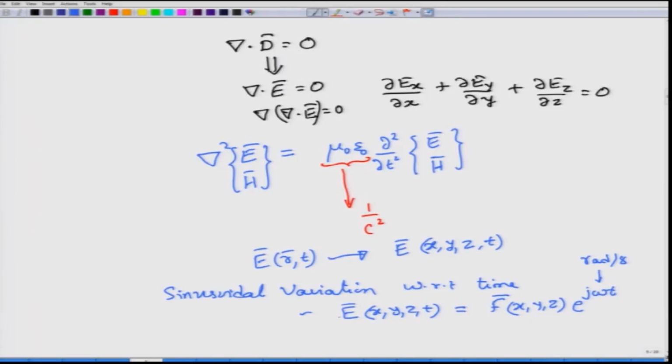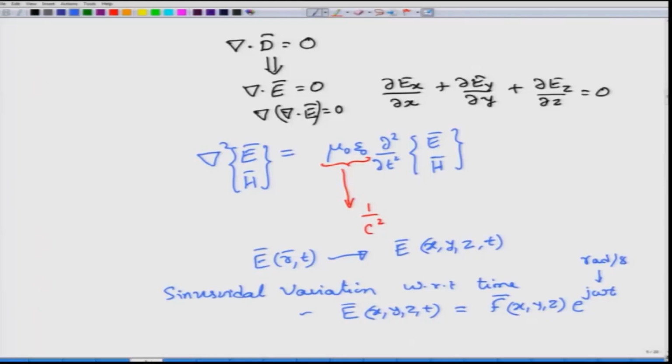Now, can I look at this equation and substitute it into the wave equation? That is possible for me to do so, and when I do that, what I end up with on the left hand side is this del square f, and please remember, f is not a function of time. E is a function of time, but f is not a function of time. But on the right hand side, because there is a second derivative with respect to time, the first time you differentiate this E field with respect to time, you will pull out j omega.